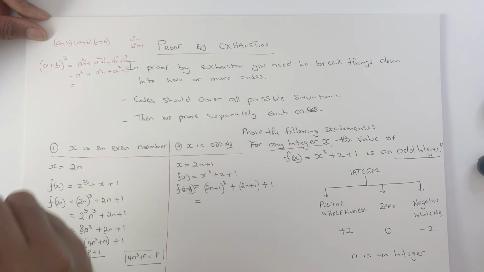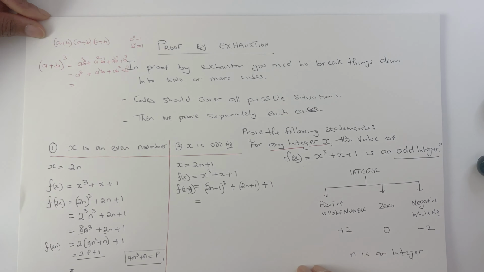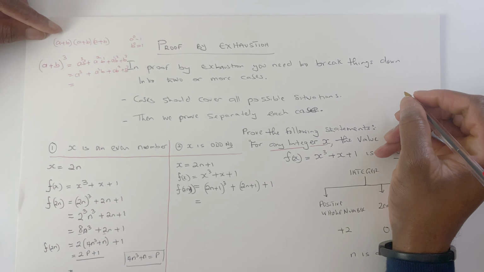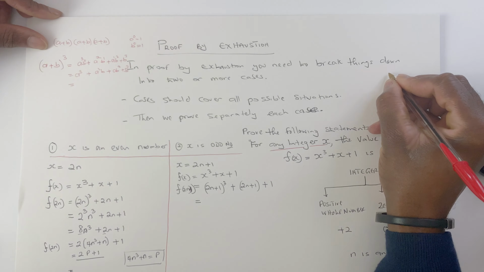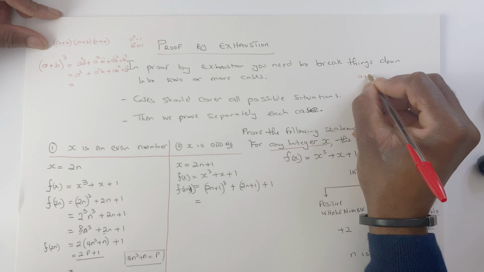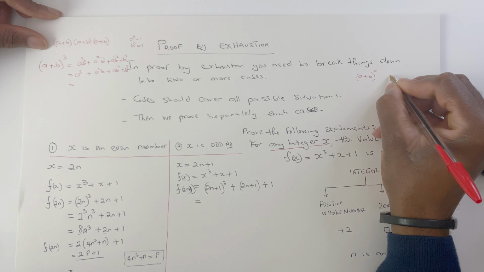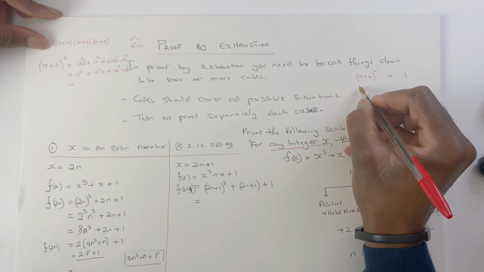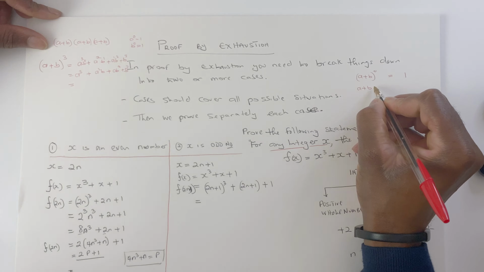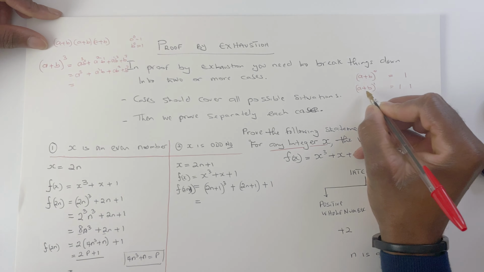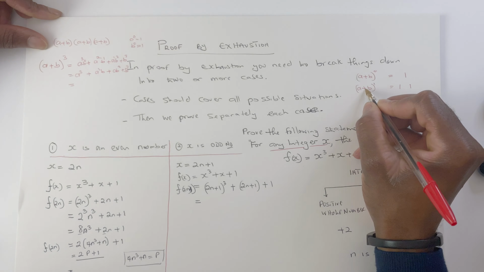Now I need to also write the coefficients of this expansion using Pascal's triangle. If you have (a plus b) to the power of 0, that will be just 1. If you have (a plus b) to the power of 1, the coefficients will just be 1, 1. That's 1a plus 1b.